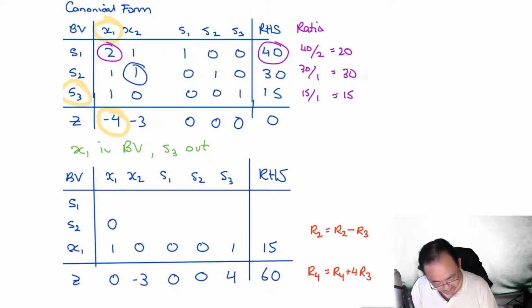We have 1 minus 0, so that's still going to be 1. 0 minus 0 is going to be 0. 1 minus 0 is going to be 1. And then 0 minus 1 is going to be minus 1. And then we've got 30 minus 15, so that's going to be 15.